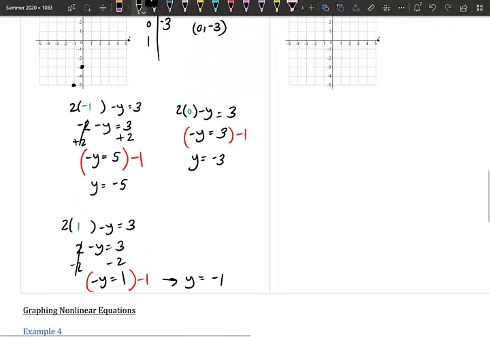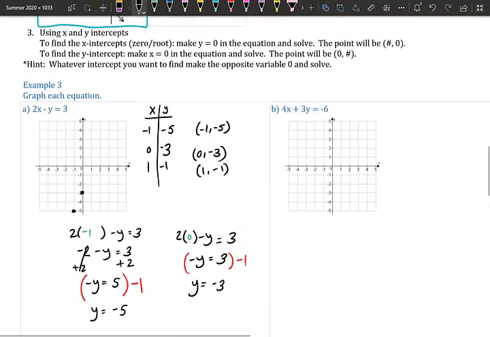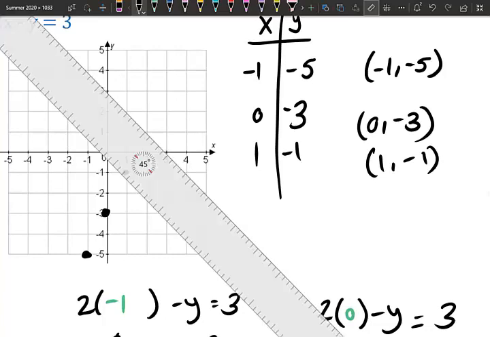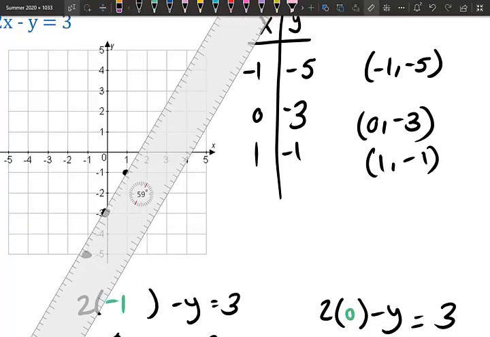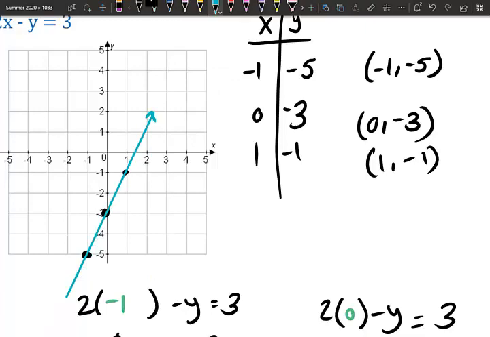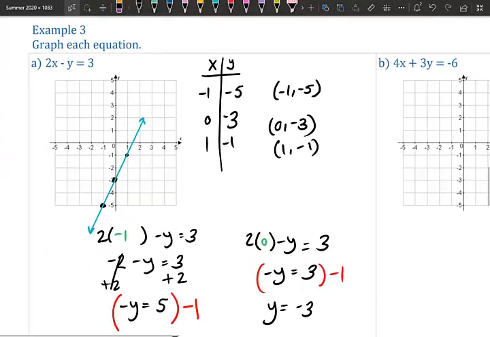So our point would be 1, -1. We can plot that, so we go right 1, down 1. Now that we have 3 points, we can go ahead and connect the dots. With my ruler, I'm going to connect the dots and then draw my arrows, because lines go on forever, unless stated otherwise, but that doesn't come up.